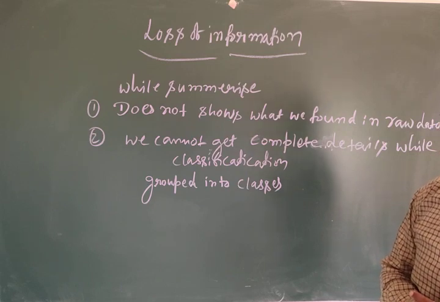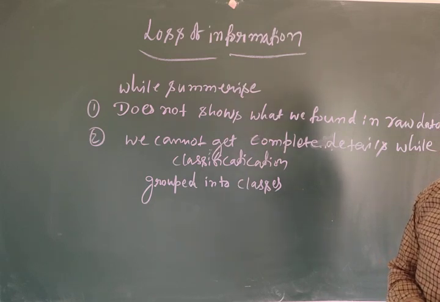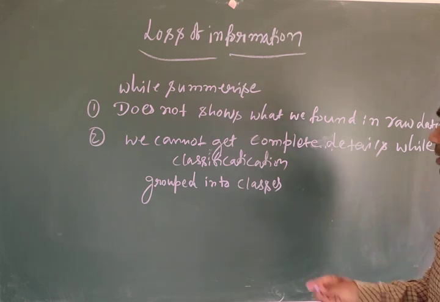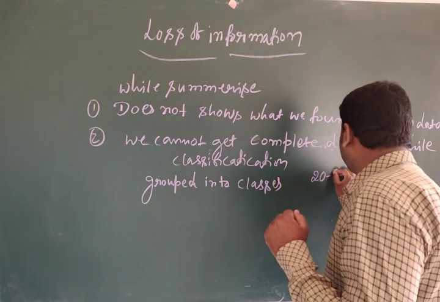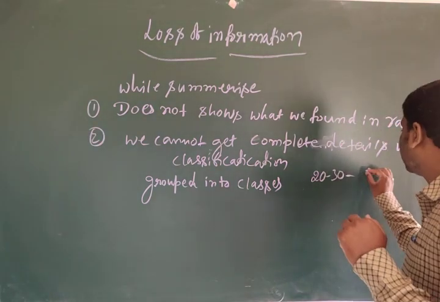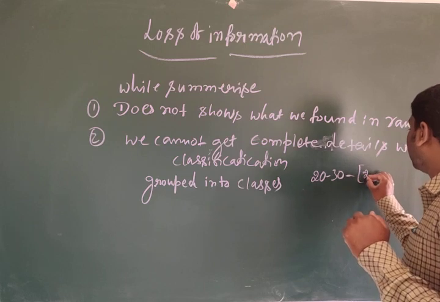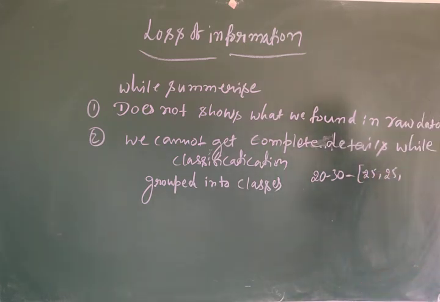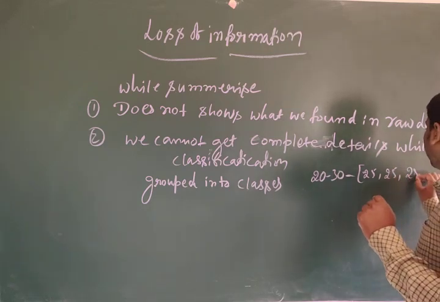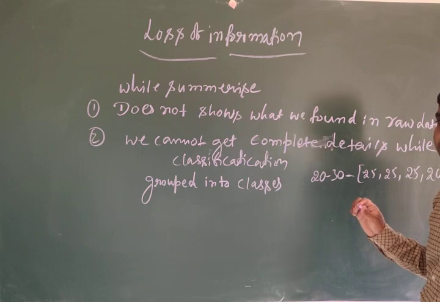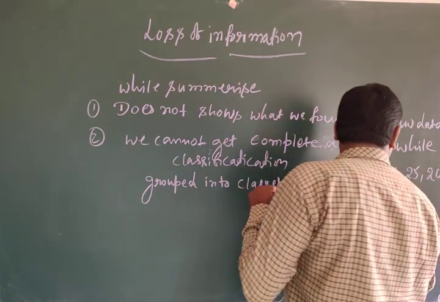In the class 20 to 30, there are 6 observations: 25, 25, 25, 20, 22 and 28.